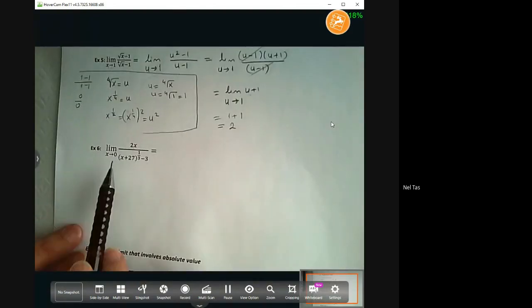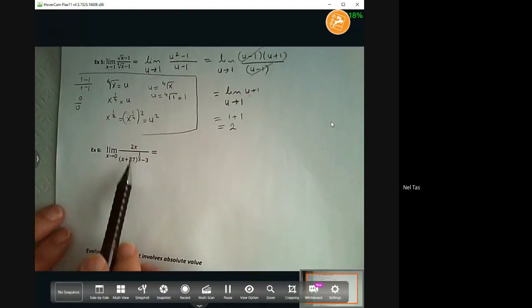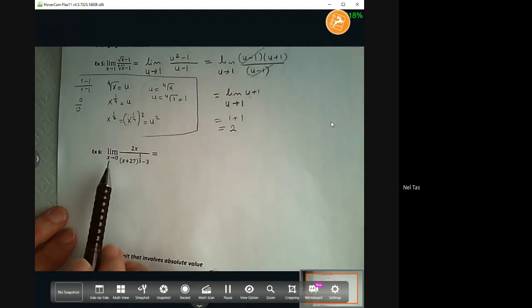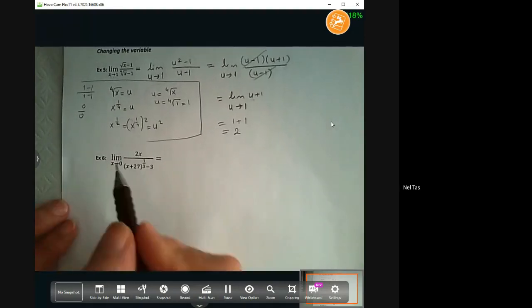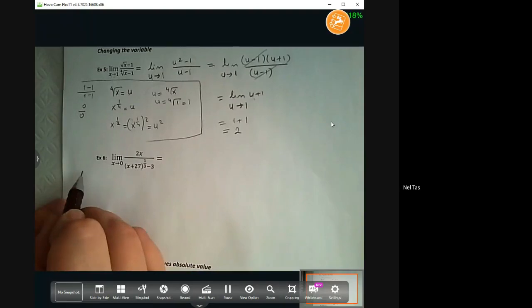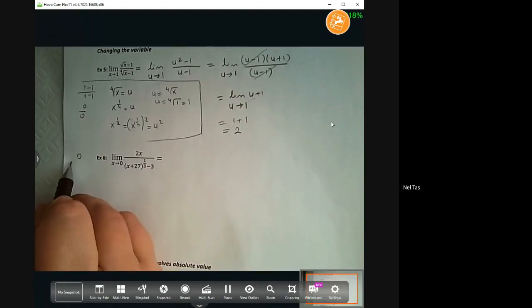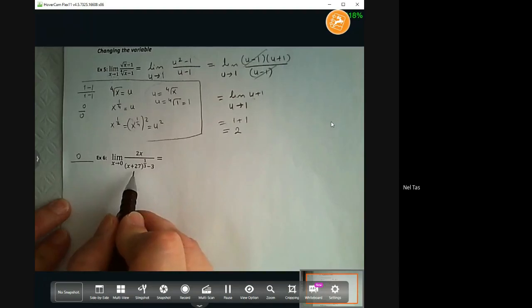Example 6. We have limit of 2x over x plus 27 to the power of 1 over 3, minus 3, as x approaches 0. Okay, so you first try substituting. We get 2 times 0 is 0. And here, 0 plus 27 is 27.